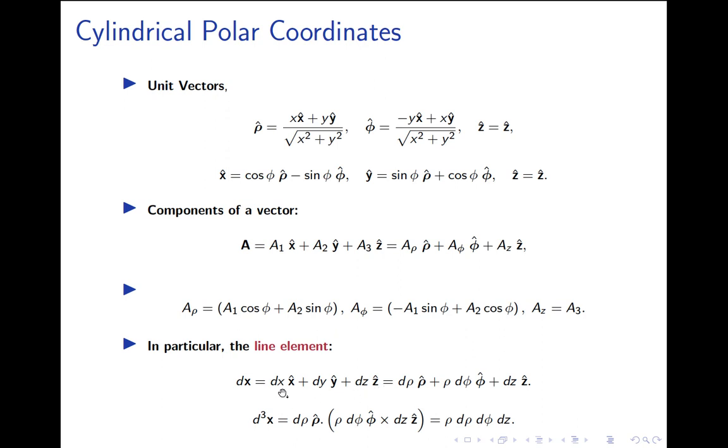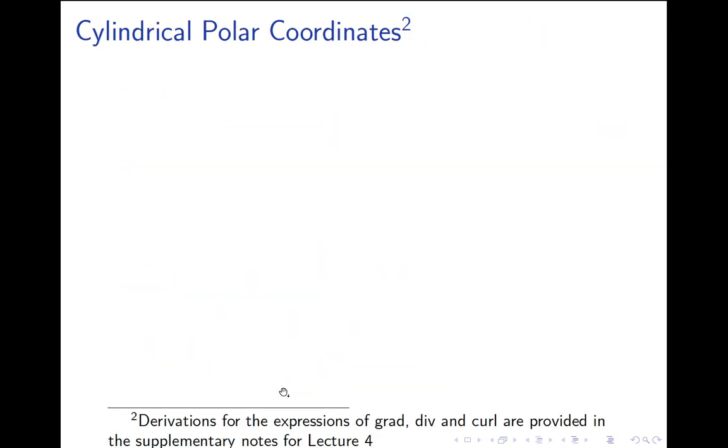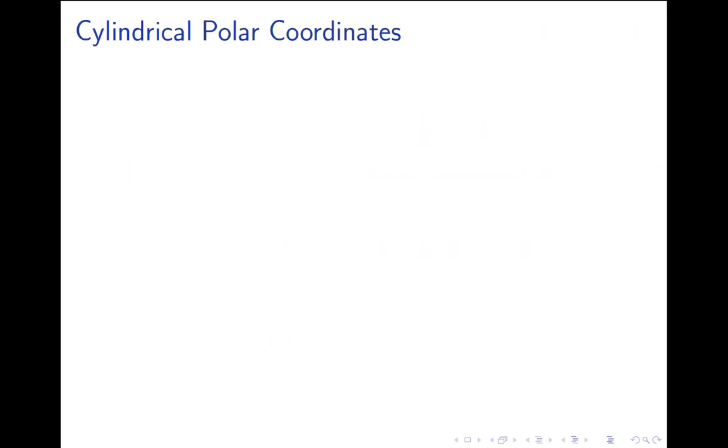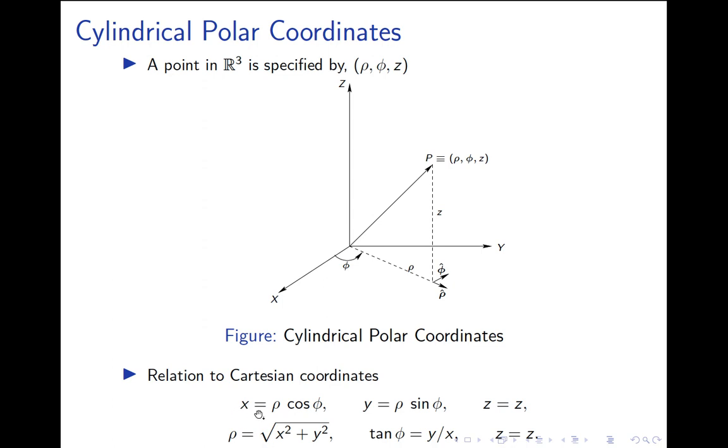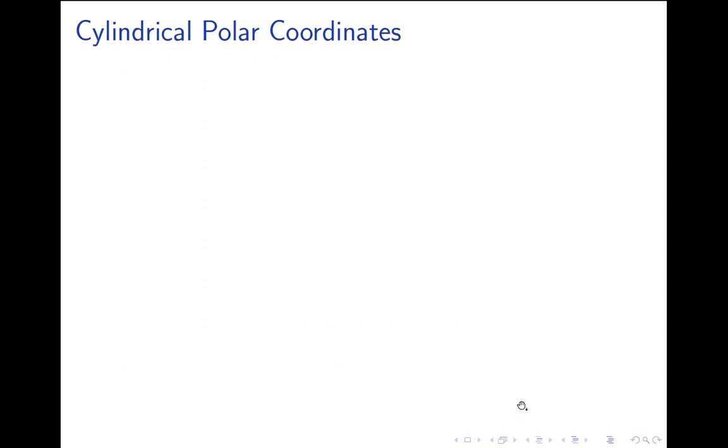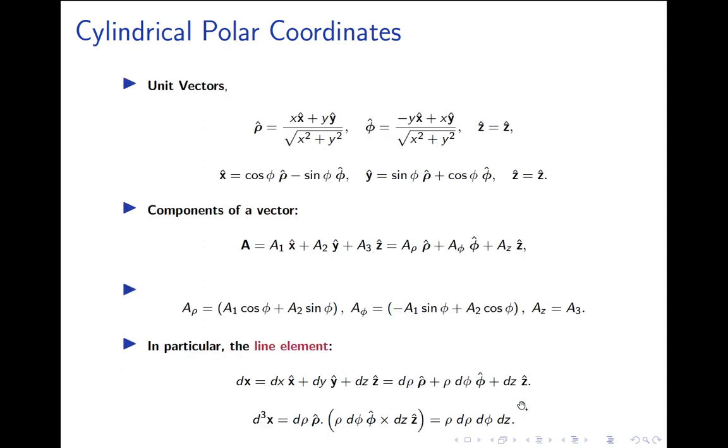Of course, you do the same thing. You know what it is in x, y, z. You can find out what dx is in terms of d rho and d phi, dy in terms of d rho and d phi, and dz in terms of dz. And then, of course, these unit vectors also, you know how to map into polar basis vectors.